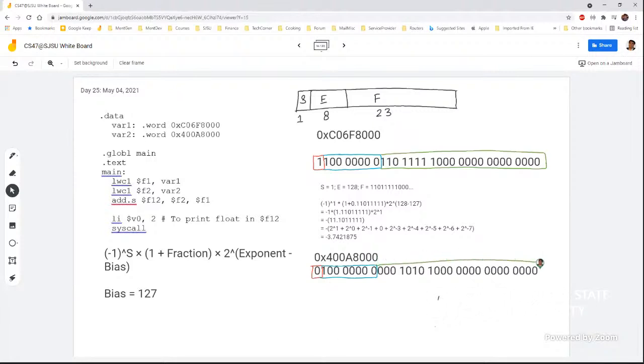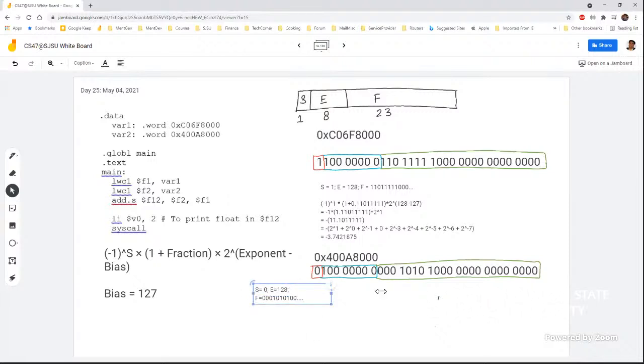So in this case, our S is 0. We can well imagine this is a positive number, and then your exponent is 128, and the fraction is 0 0 0 1 0 1 0 1 0 0, and the rest of them are 0.